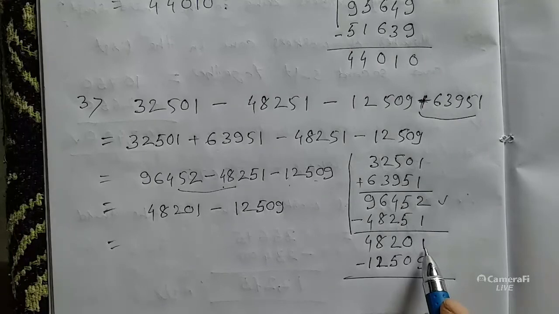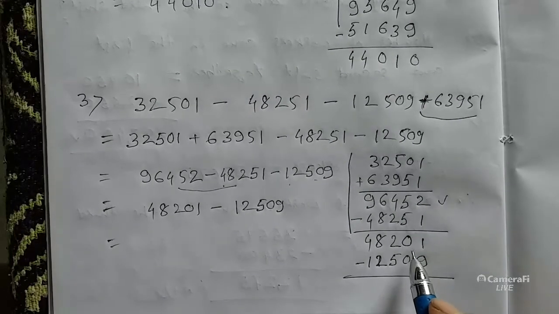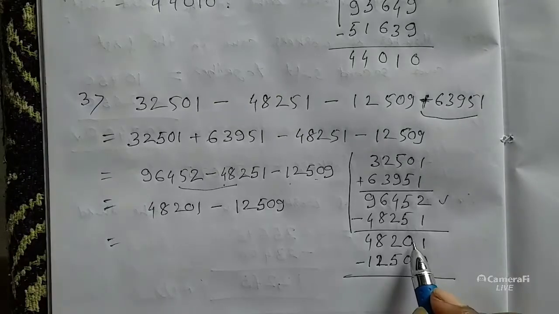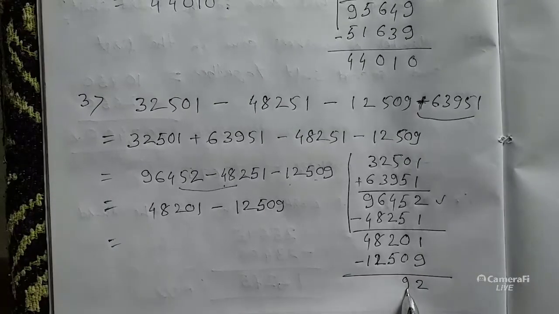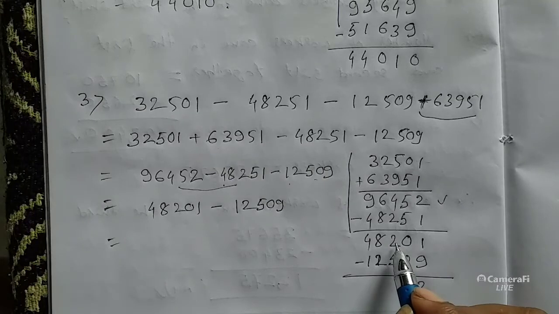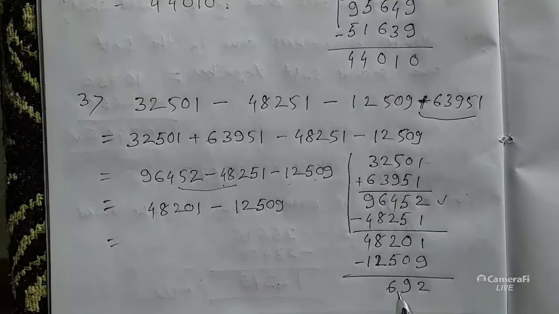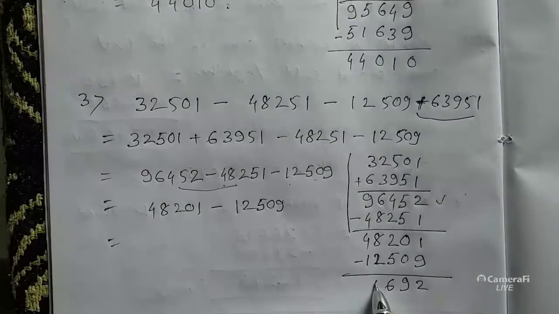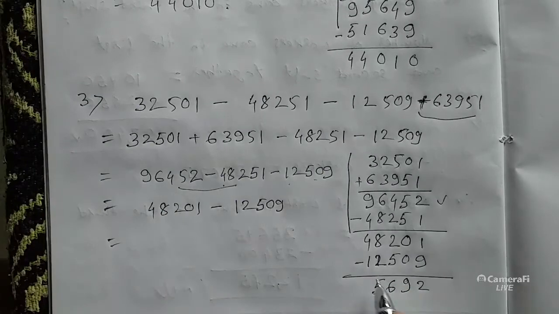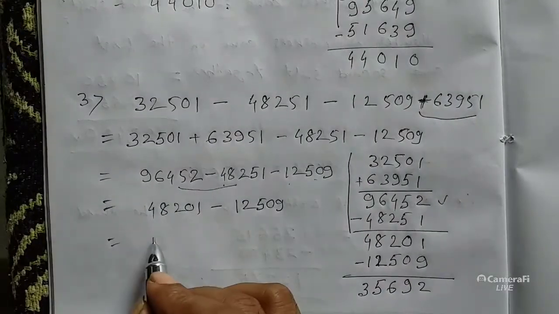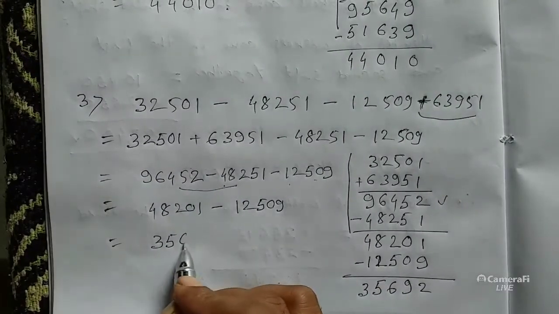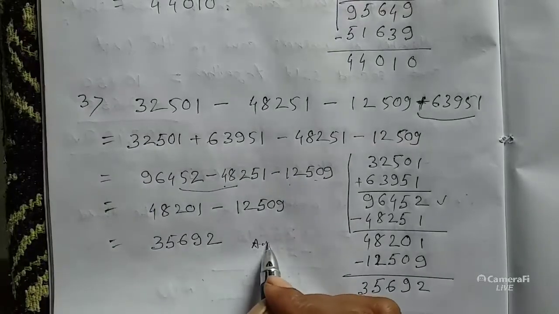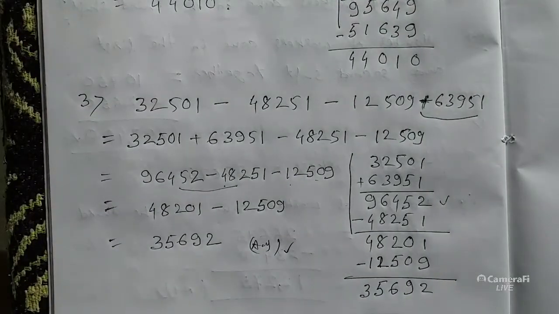So here 1 considered 11, 11 minus 9 is 2, 0 considered as 10, but one borrowed from here, so it becomes 9. 9 minus 0 is 9. 1 again borrowed from here, so this becomes 11. 11 minus 5 is 6. One borrowed from here, it becomes 7. 7 minus 2 is 5. 4 minus 1, 3. So the result becomes 35692. This becomes the answer.